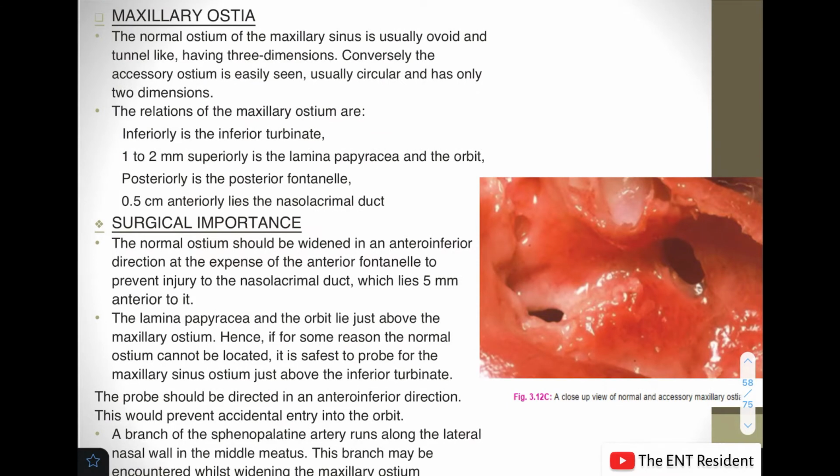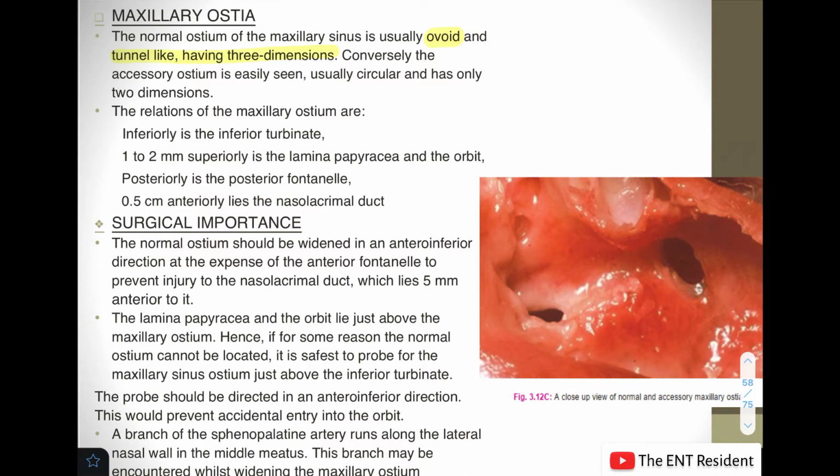Now we need to know about the ostia. So the maxillary ostia, the normal ostia of the maxillary sinus, is usually ovoid, meaning oval, and tunnel-like, having 3 dimensions, whereas the accessory ostia which is more easily seen, it is actually circular and has only 2 dimensions.